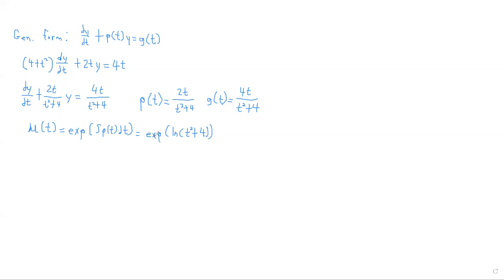So this is just e to the power of ln of t squared plus 4. That's basically just t squared plus 4. So t squared plus 4 is the integrating factor.